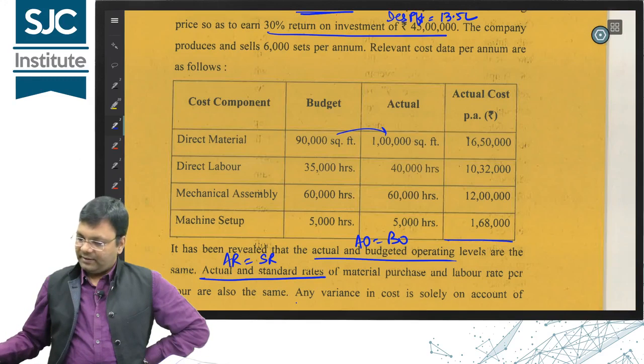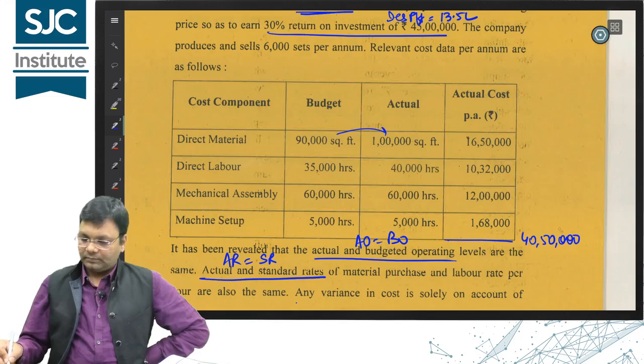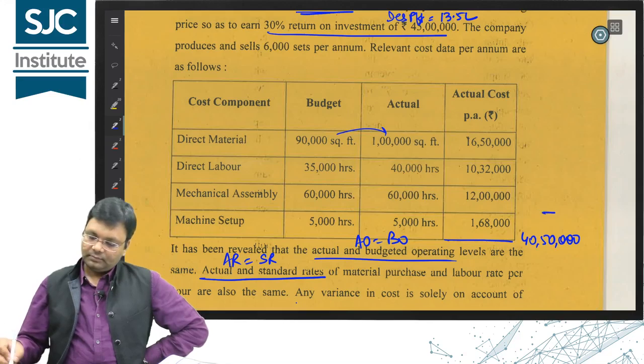16 lakh 50, 1032, 12 lakh 168. So this total is coming 40 lakh 50,000.